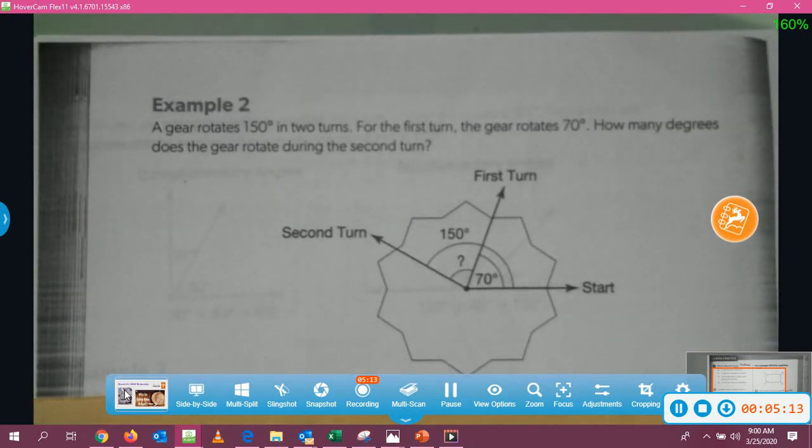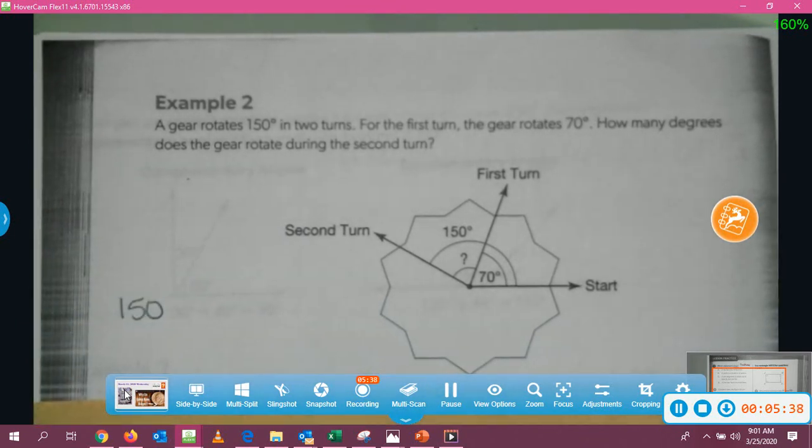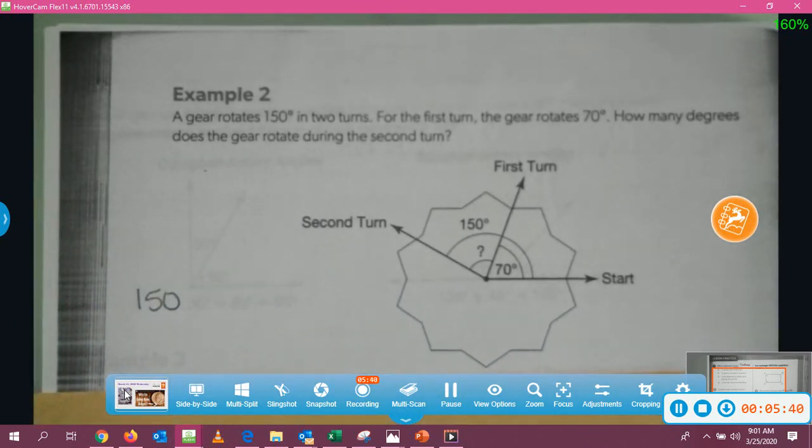Okay, example 2. A gear rotates 150 degrees in 2 turns. For the first turn, the gear rotates 70 degrees. How many degrees does the gear rotate during the second turn? So, what did we just talk about? Do we know the total? We do. And it's what? 150. Do we know one of the turns?